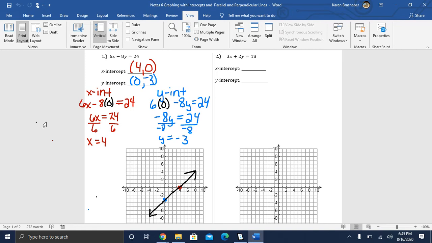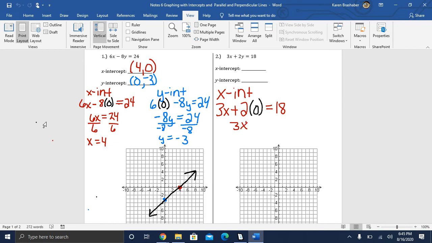On your second example, again, we will start with the x-intercept, replacing the y with a 0. So 3x plus 2 times 0 equals 18. Again, you don't need the 2 times 0 because that's just 0.